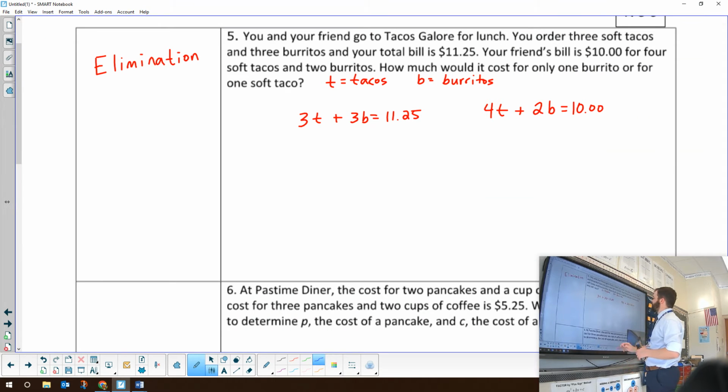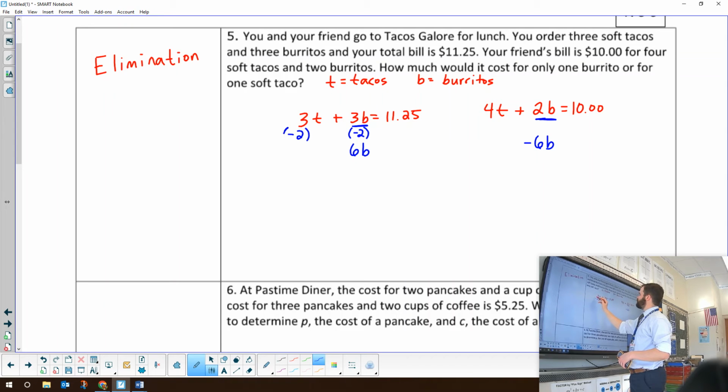So I want to match up this 3b and this 2b. To do that, 3 and 2 both go into 6. So I want this to be positive 6b, and I want this to be negative 6b. So now I have to think about what I'm going to multiply to do this.